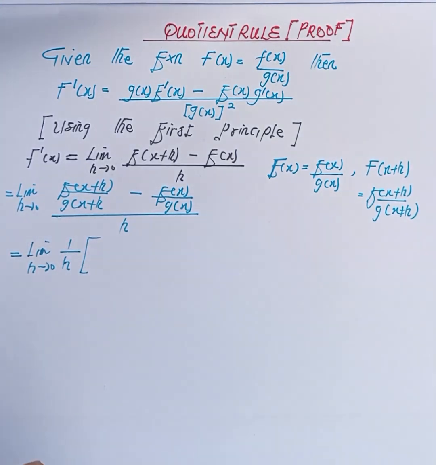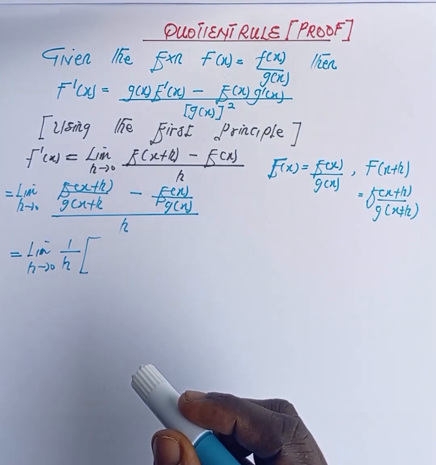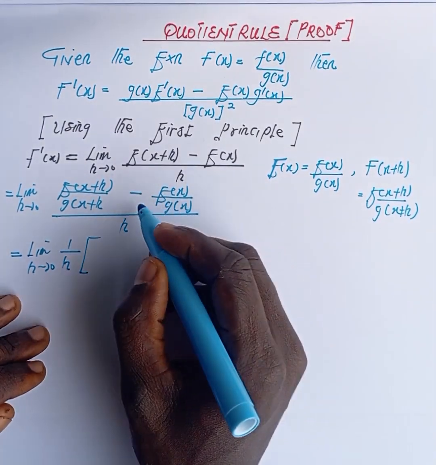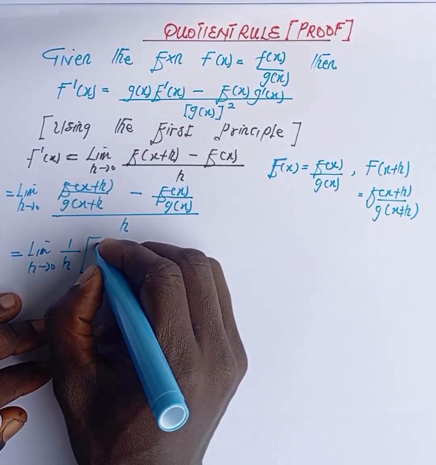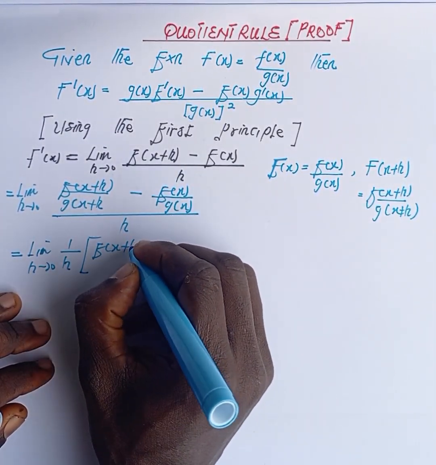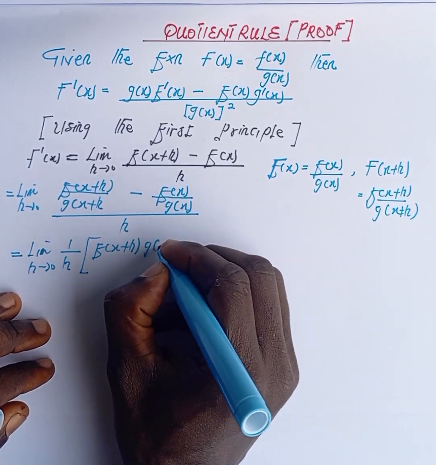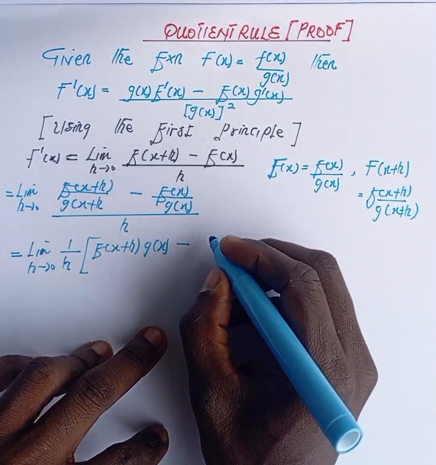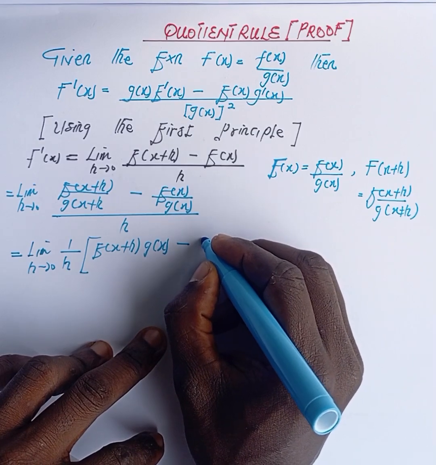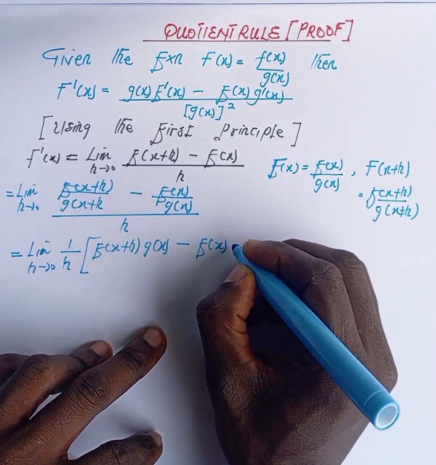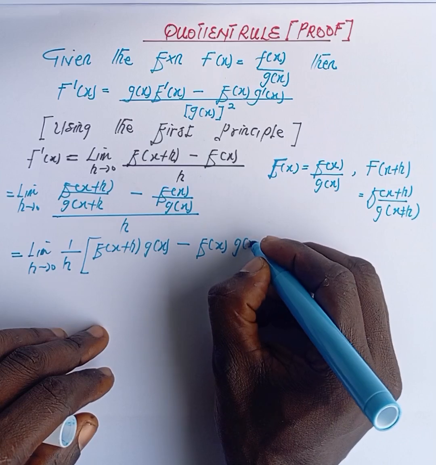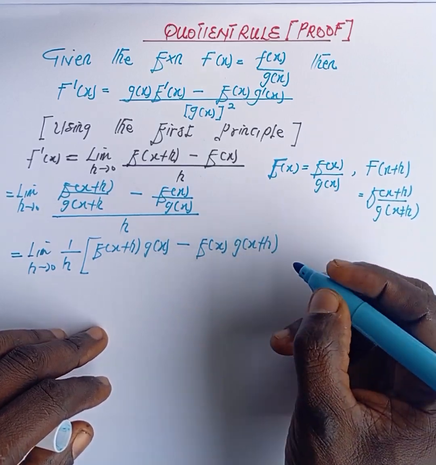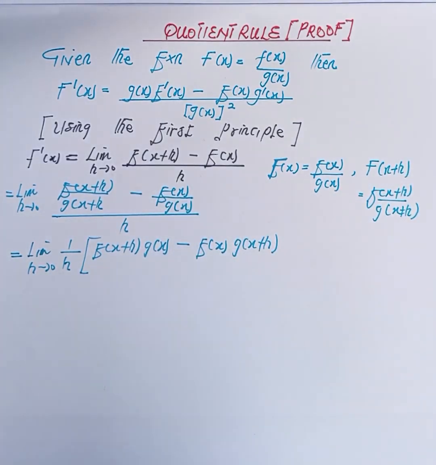In finding the LCM, this will multiply that, so we get f at x plus h times g at x, then minus f at x times g at x plus h, all over the LCM.